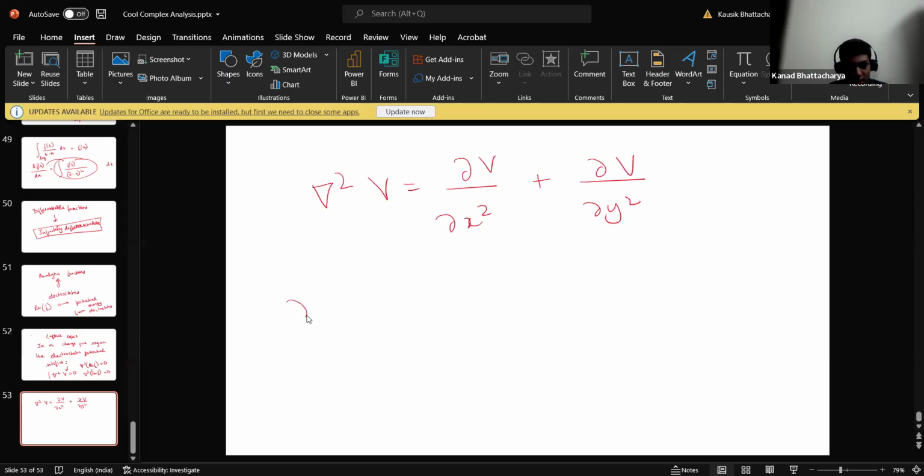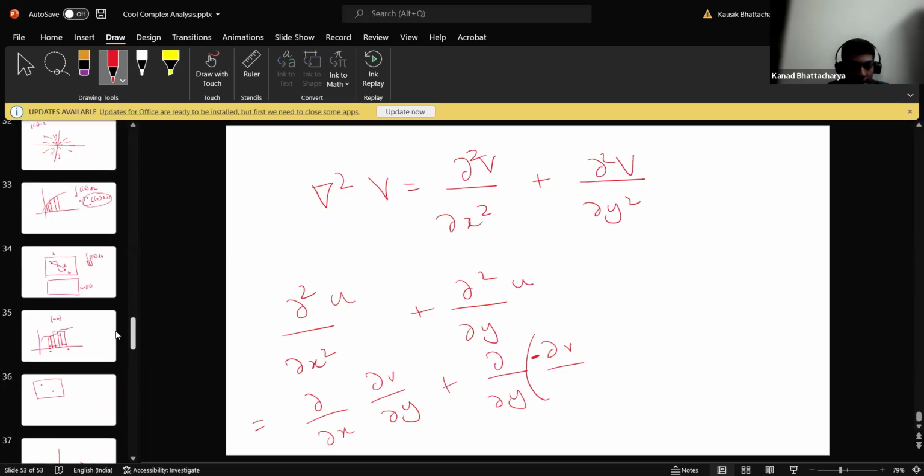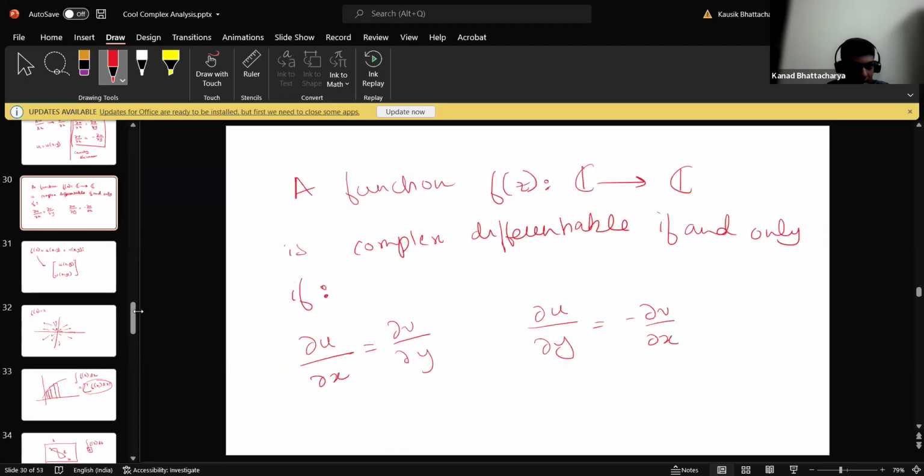And if you compute this expression right here, using the previous notation, and write the real part of f as u, then if you expand this out, partial u partial x is just this, and if you expand the other part out, you get the minus of, if you go back to the Cauchy-Riemann equations, which was somewhere here, plugging this expression in.